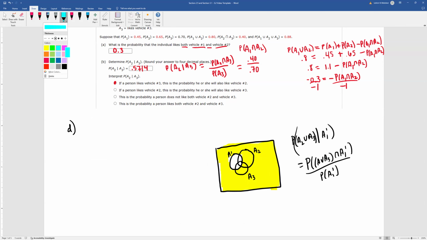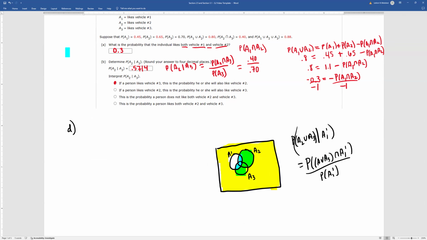That's going to be A2 union A3. If you notice, when I use the highlighter, it really does help sometimes. That little A2 didn't get put on there because you can see the overlapping colors here. The green is that intersection. So we need to add these three probabilities together to get that probability of the top. And then the not A1 would be all of the places where we had yellow, okay?